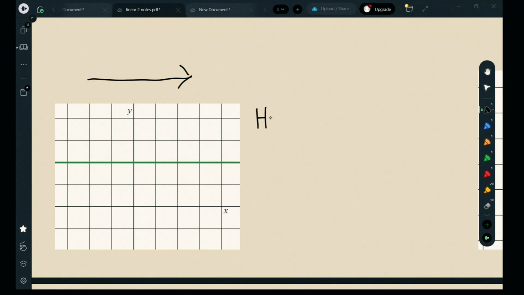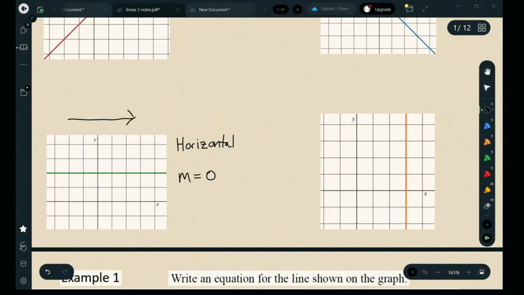It's not going up, not going down, going from left to right. Horizontal. Any horizontal line will have a slope of, hey, can you guess what number is neither positive nor negative? It's 0. 0 is the only number. We'll write m equals 0. So a horizontal line will always have a slope of 0.